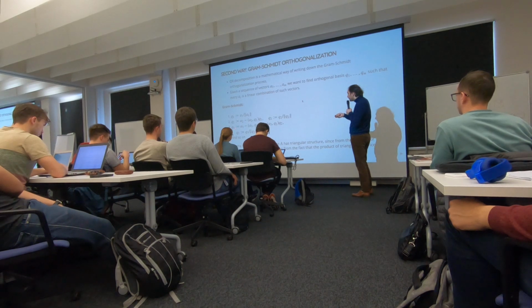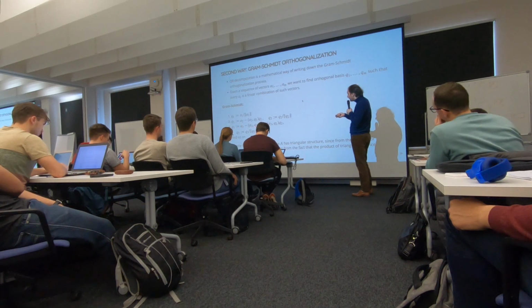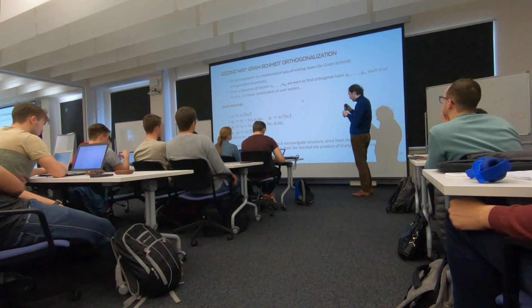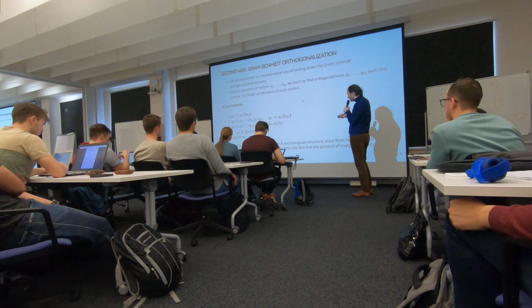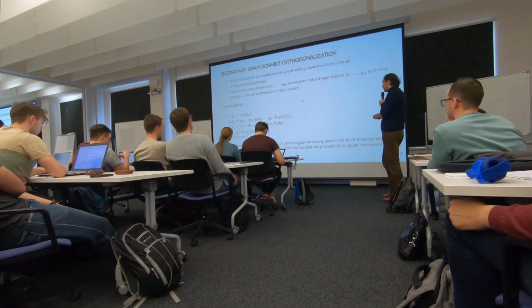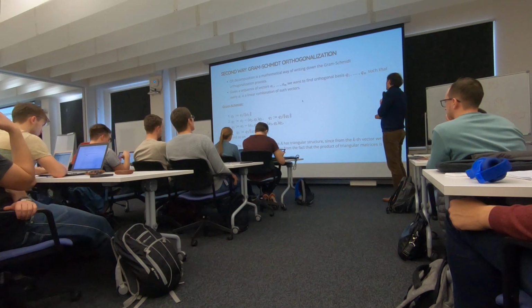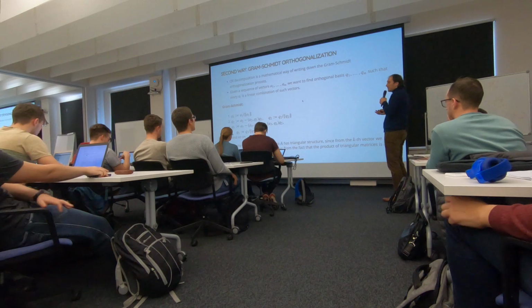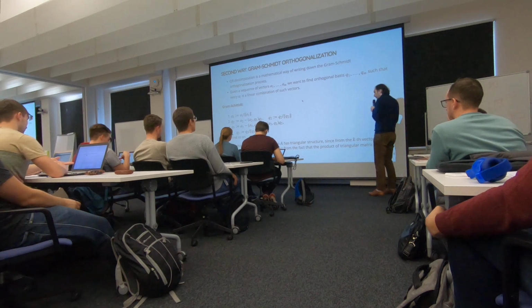And what you do next, you subtract from A3 all the others, and so on. This is the Gram-Schmidt orthogonalization. In exact arithmetic, you are guaranteed to get the orthonormal basis.